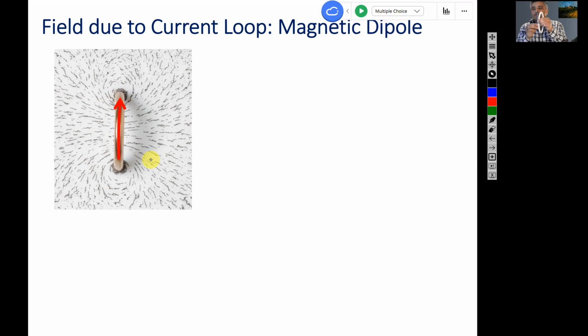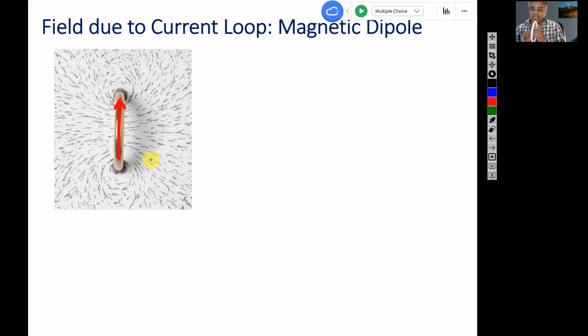Then I replace that current by my thumb and look at how my 4 fingers are curling. Outside versus inside, the direction of magnetic field is going to be different, because on one side of the wire these 4 fingers are going in, and on the other side they're coming out, since it's circling like that.